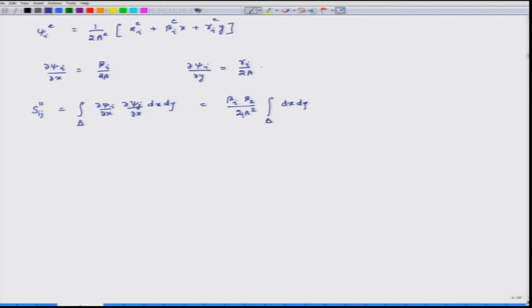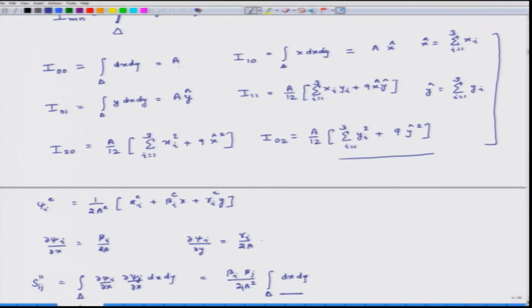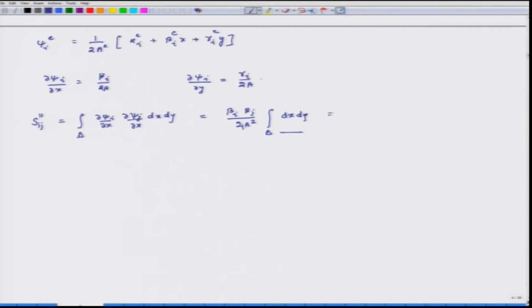I have taken these betas out of the integral sign because they are constants. Now, this integral of dx dy is the same as I00, and the value of I00, if we go back, is A. So, this equals beta I beta j over 4A.